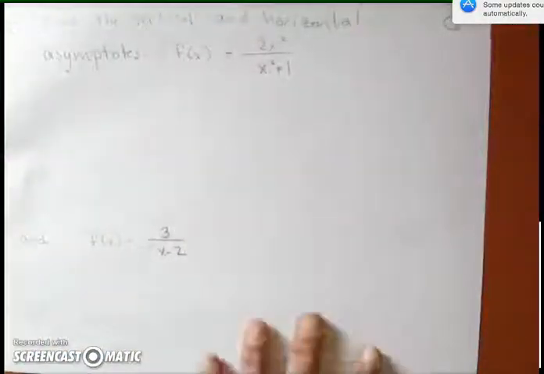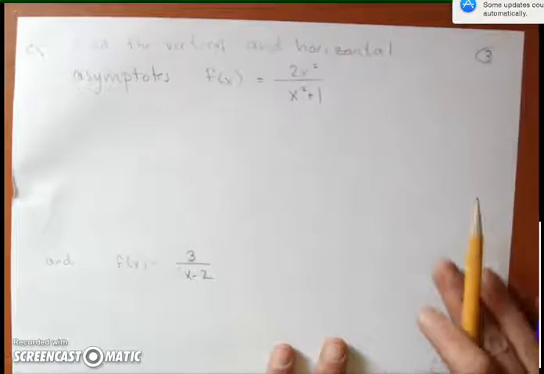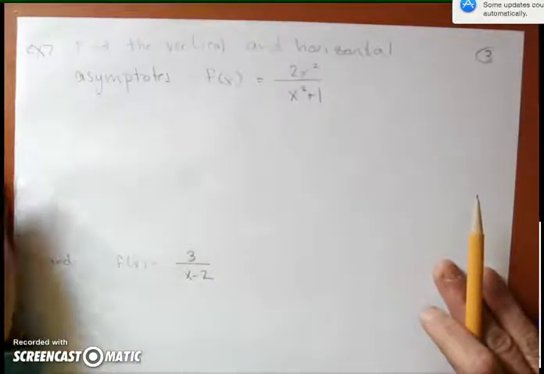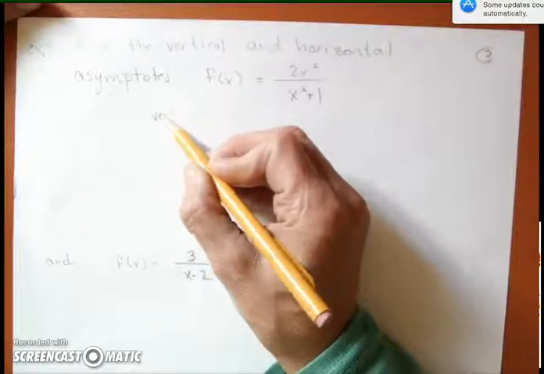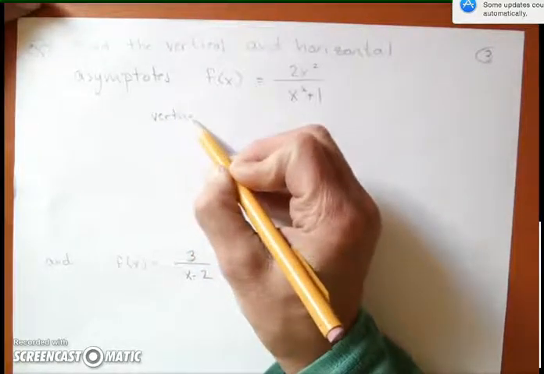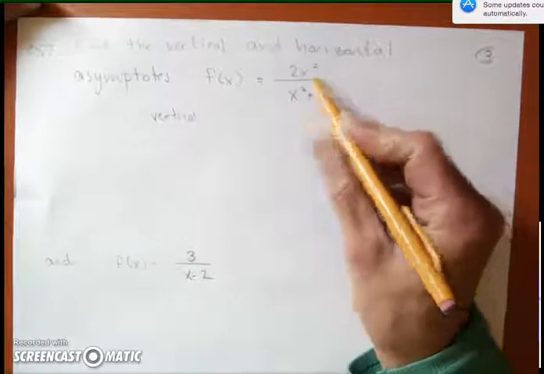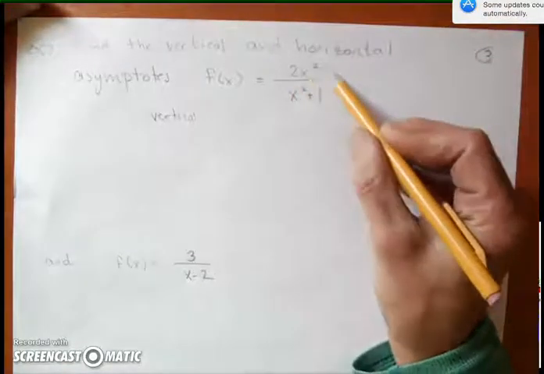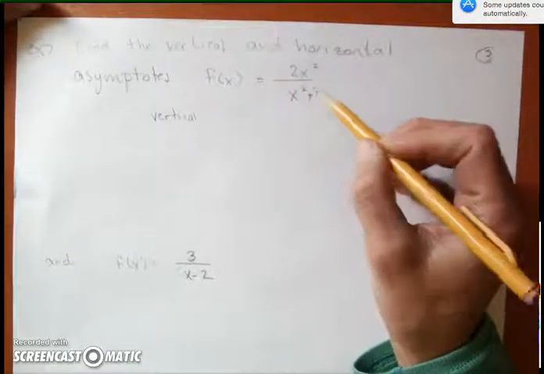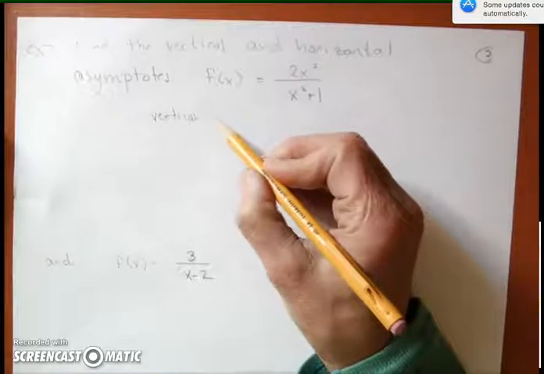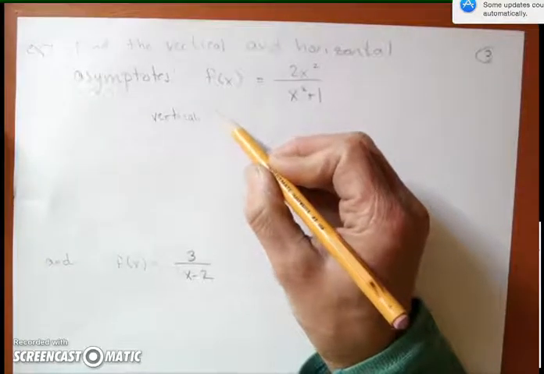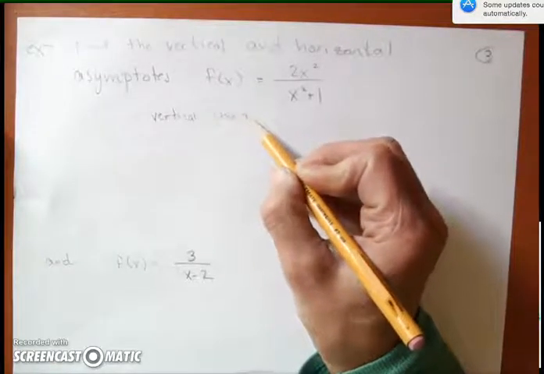So to finish off this video, let's do two examples where we find both the vertical and the horizontal asymptotes of a function. To find the vertical, we first simplify, but this is already factored, and we can't cancel anything out, so we've already essentially simplified. Then the vertical asymptotes are the zeros of the denominator.